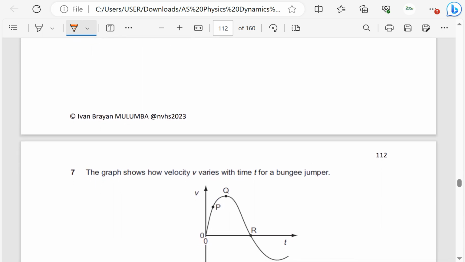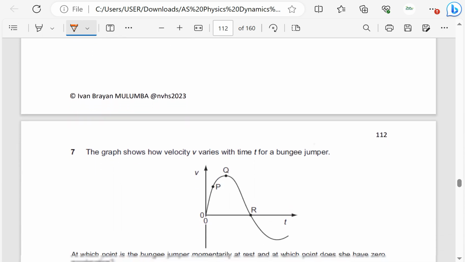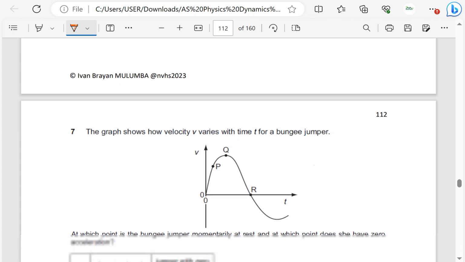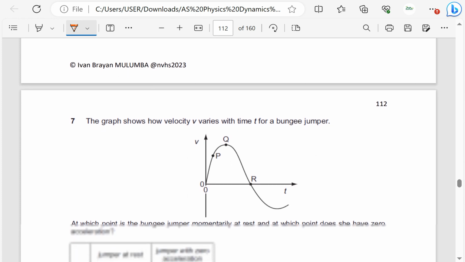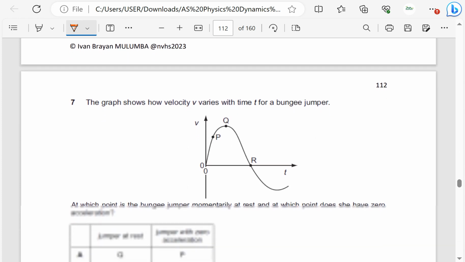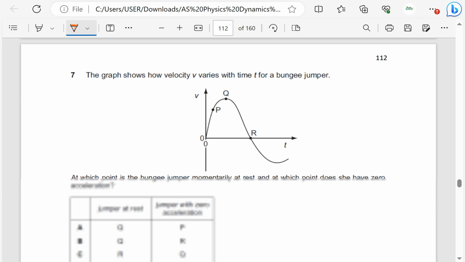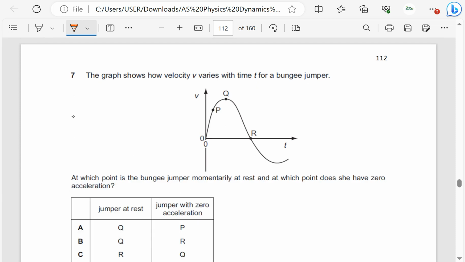The graph shows how velocity v varies with time for a bungee jumper. At which point is the bungee jumper momentarily at rest, and at which point does she have zero acceleration?